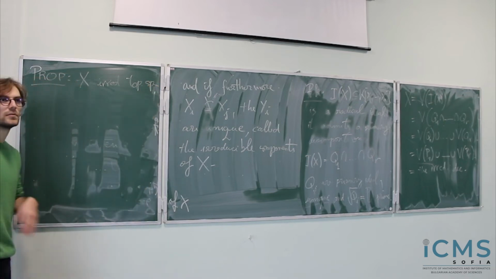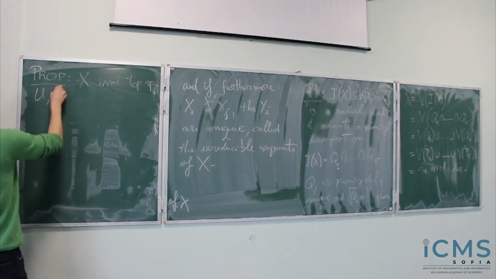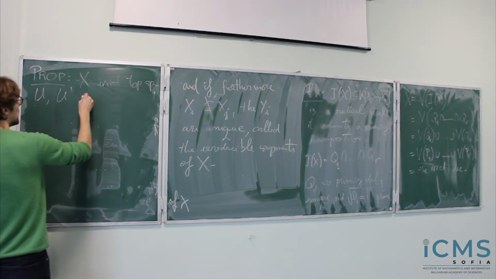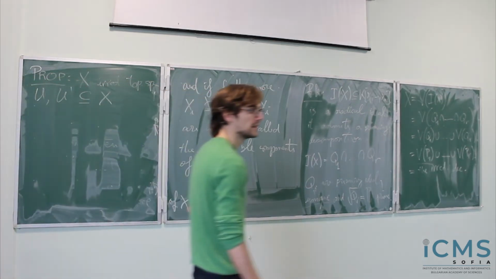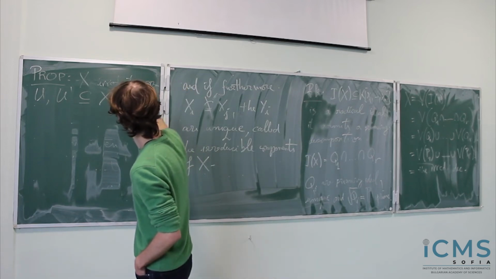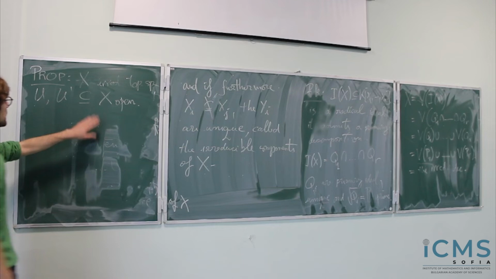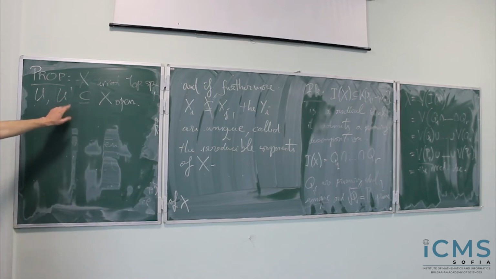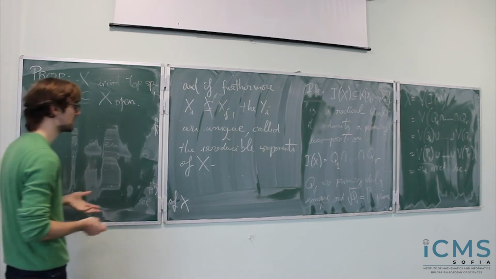So this is an arbitrary topological space, which is irreducible, right? And I consider two open subsets of X, okay? I consider two open subsets, and I have two very interesting things to say.